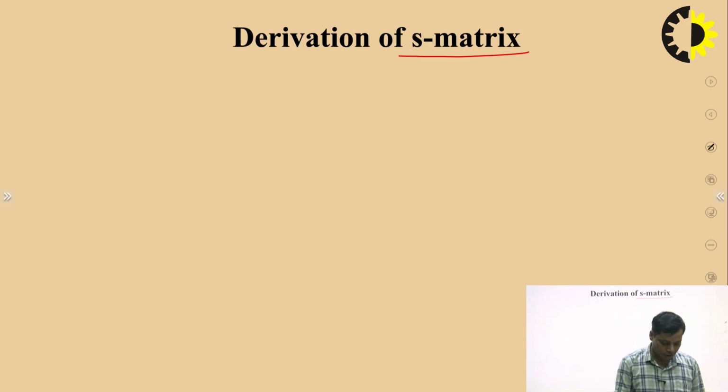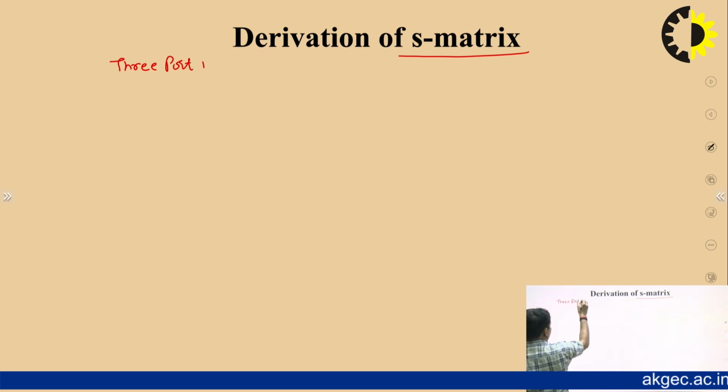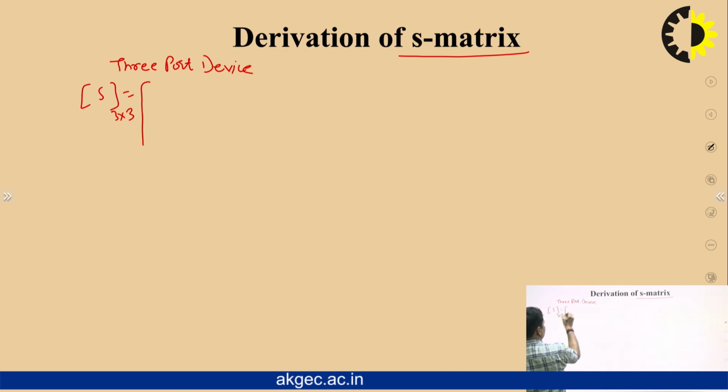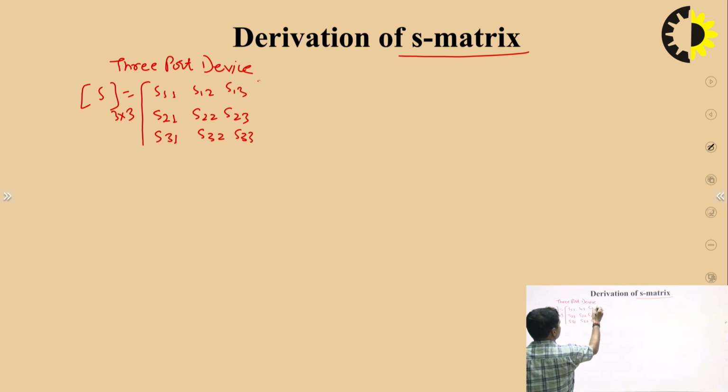In this, the S matrix, because it's a 3 port device, is always a square matrix. So the S matrix is of 3 cross 3 order: S11, S12, S13, S21, S22, S23, S31, S32, S33.